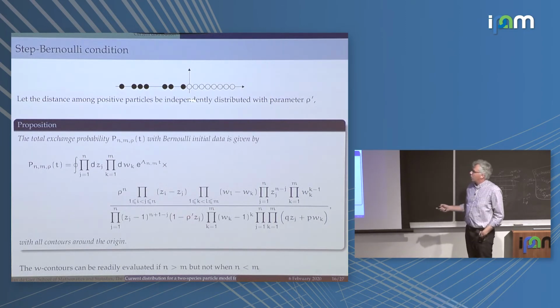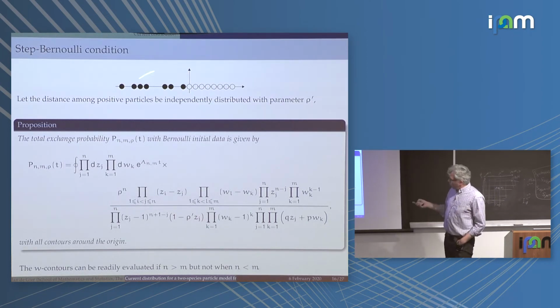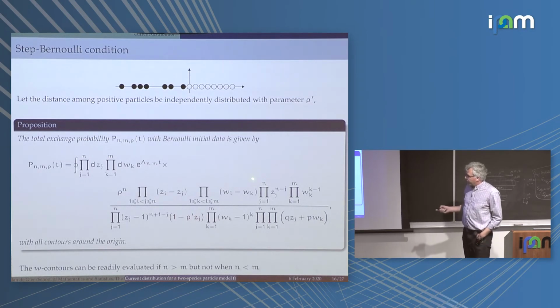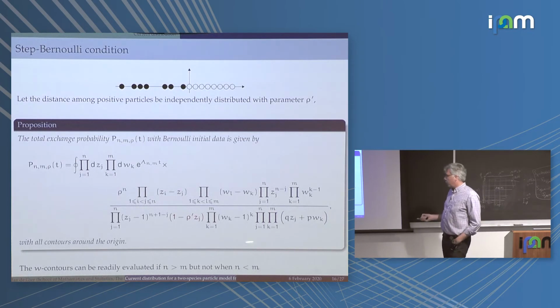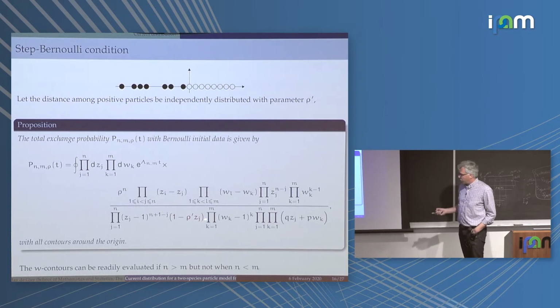And the distribution here is exponential with parameter rho prime. So you can do that, and then if you compute the total exchange probability, it's a very similar formula as before. The only change is that there is now this rho prime appearing in the denominator. So the zi's will now have an additional pole at 1 over rho prime.